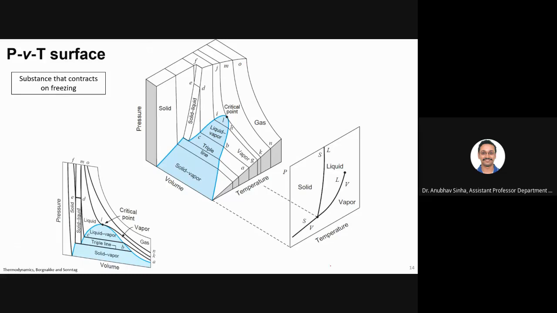If you take this perspective and look from this side, this is your slope. That remains constant. It basically sits on this. It doesn't matter whatever volume you have, but the slope depends on temperature. Pressure depends on temperature. That's all.